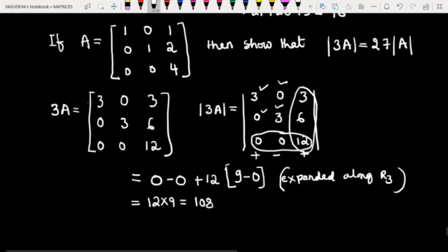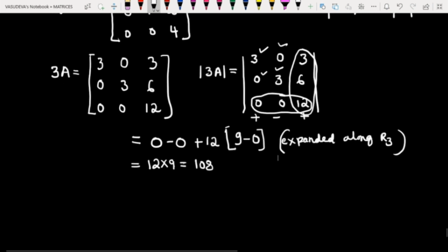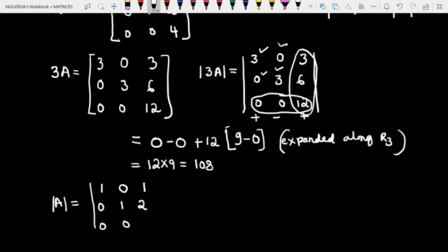Now consider the determinant of A, because we have to show that the determinant of 3A equals 27 into the determinant of A. So the determinant of A is 1 0 1, 0 1 2, 0 0 4.